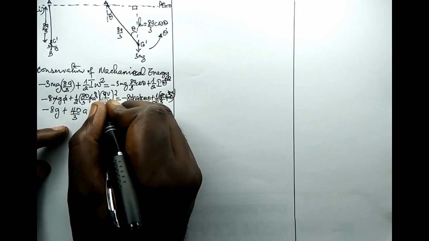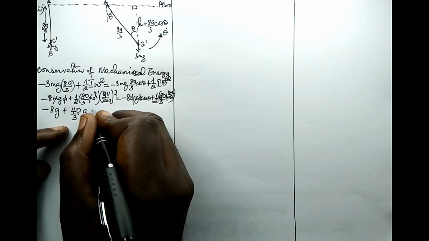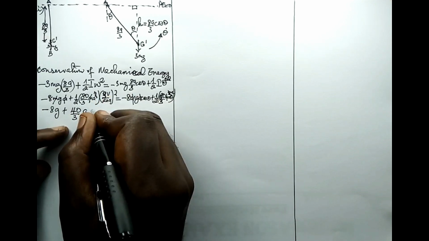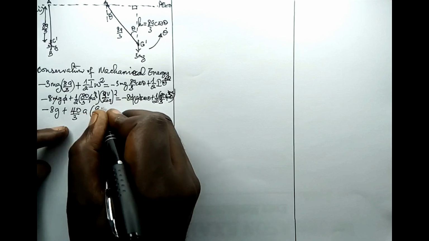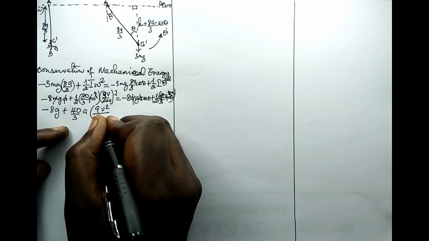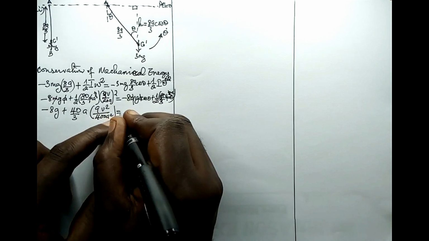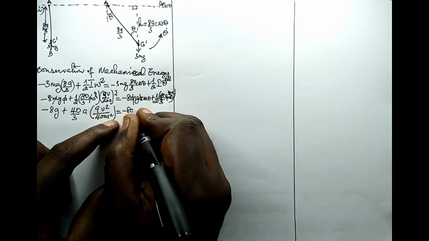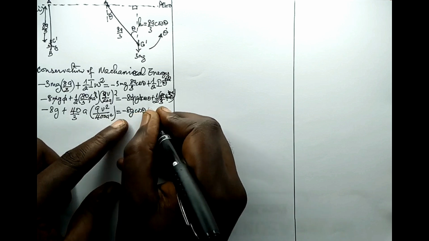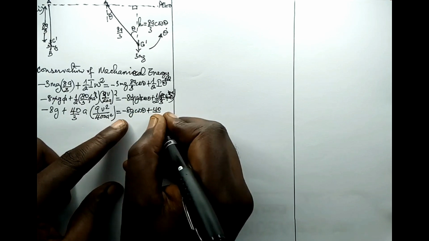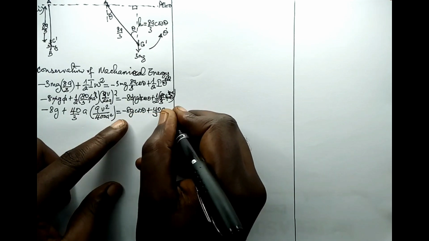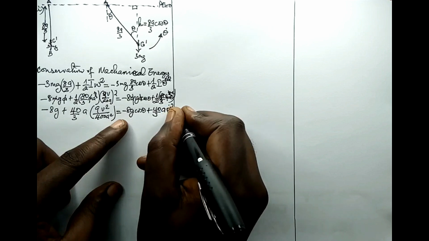This was supposed to be 3v squared, so squaring will give 9v squared all over 400a squared equals negative 8g cos theta plus 40 over 3a theta dot squared.